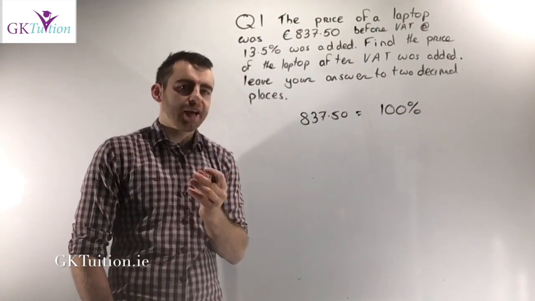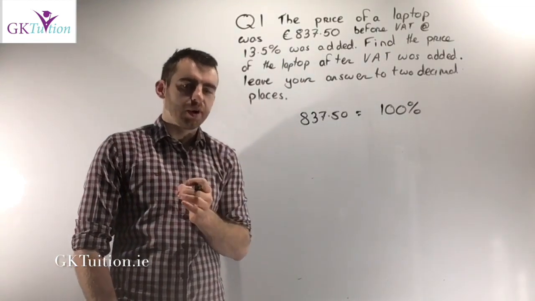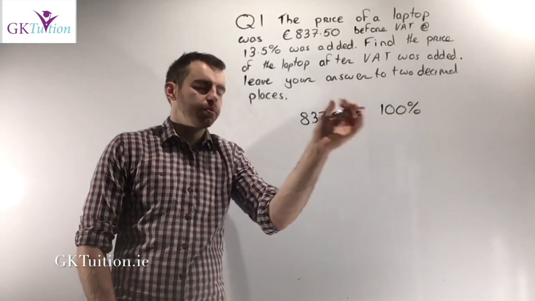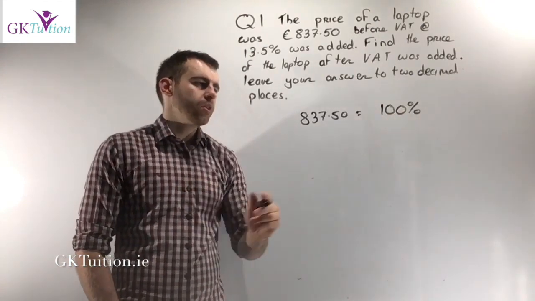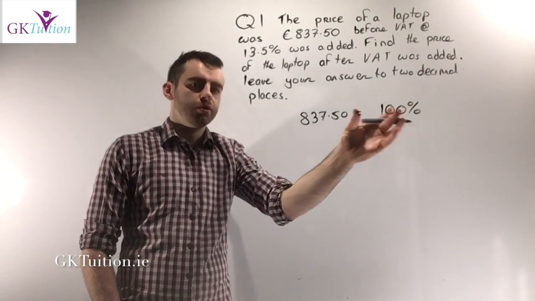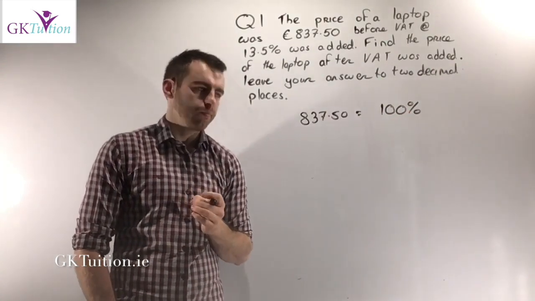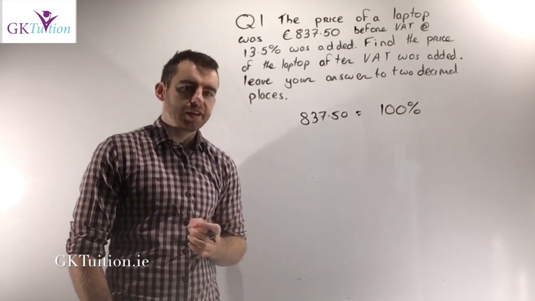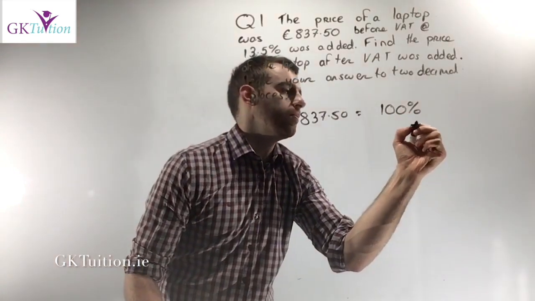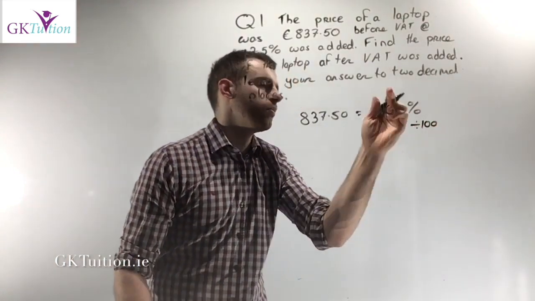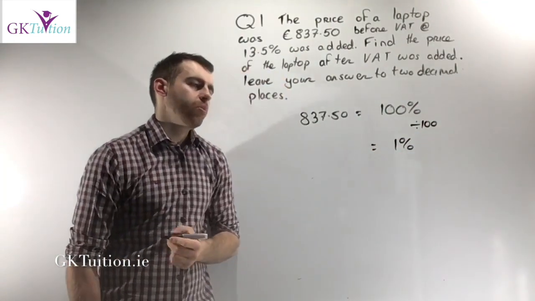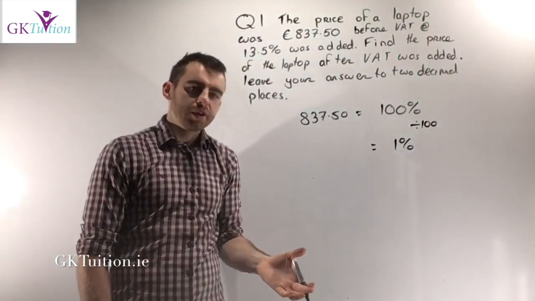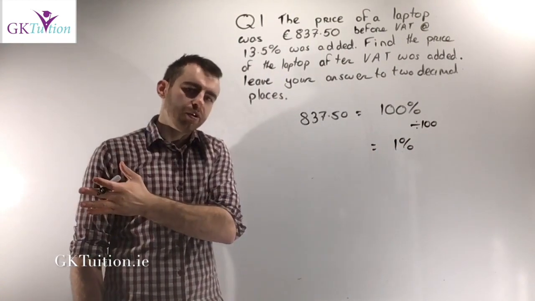What you should do next, which we're always going to do in these questions, is if we know 100%, we now want to find 1%. So think about what you need to do to 100 in order to turn it into a 1. You need to divide that by 100. If you divide the right hand side by 100 here, you'll be left with 1%. But if you divide the right hand side by 100, you must also divide the left hand side by 100.